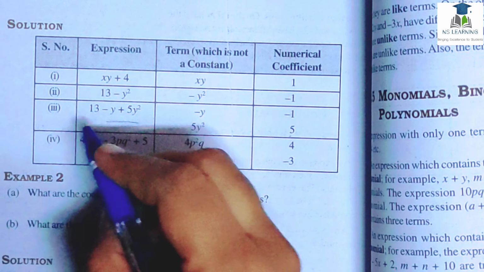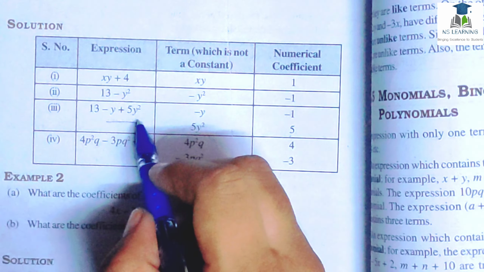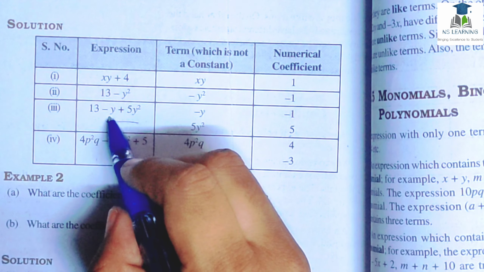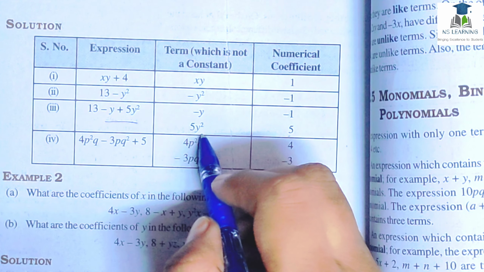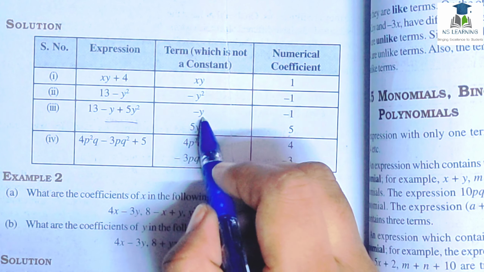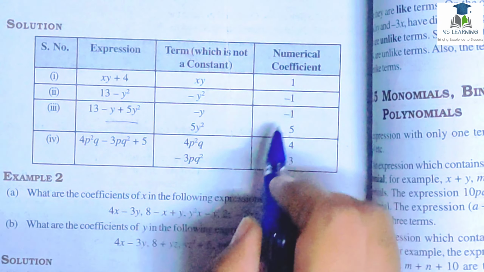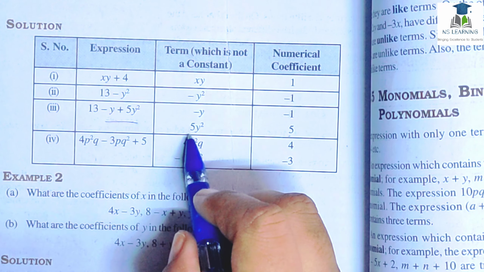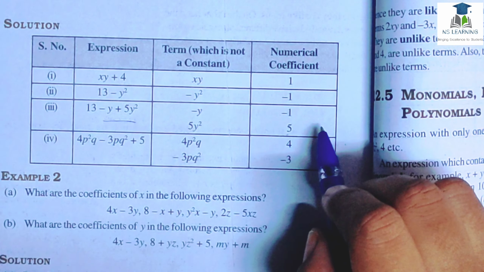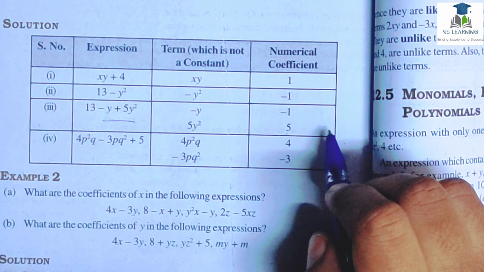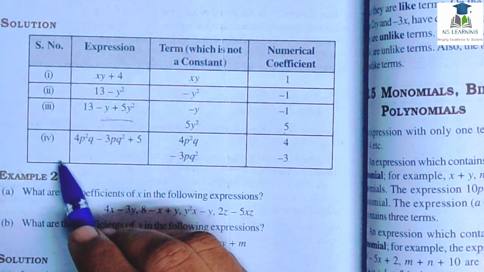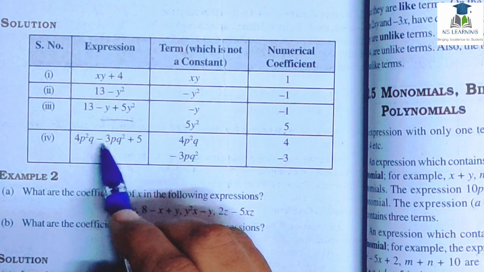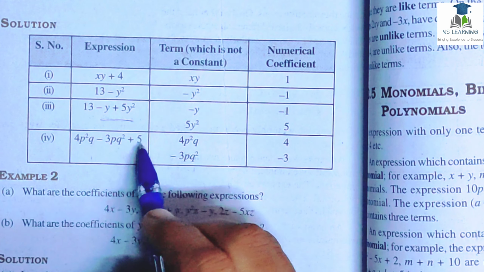Third example, 13 minus y plus 5y square. The terms which are not constants are minus y and 5y square. So minus y means y has coefficient minus 1, and y square has coefficient 5. Coefficient means the numerical coefficient. In the fourth example, 4p square q minus 3pq square plus 5.